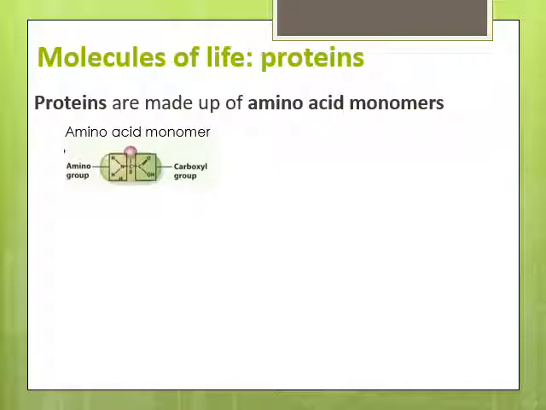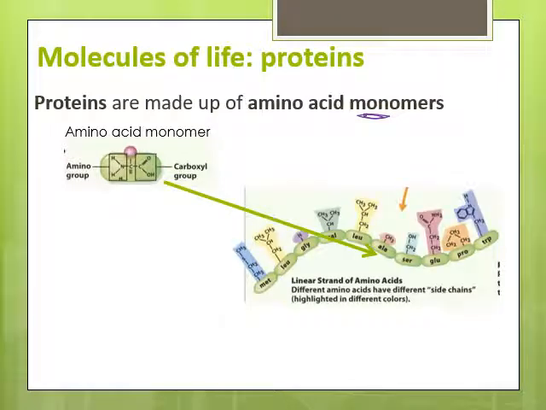Next up, we have proteins. So proteins are made up of something called amino acid monomers. So again, monomer is just one unit, right? Amino acids are something we'll talk about a little bit more in detail here coming up. But we have little amino groups that form together and again can form into these polymer chains.